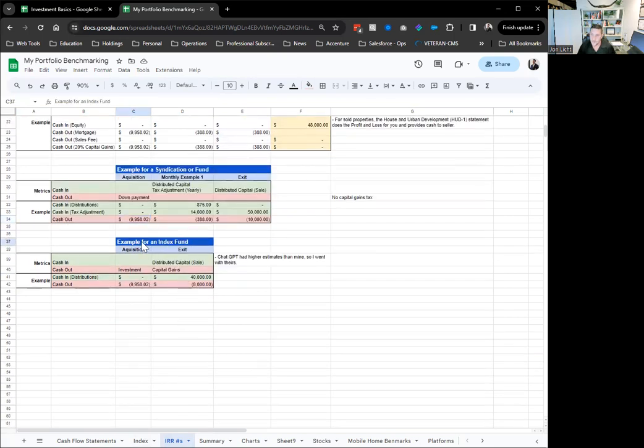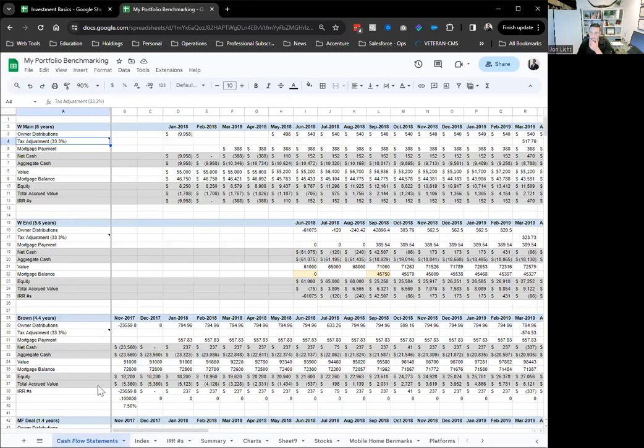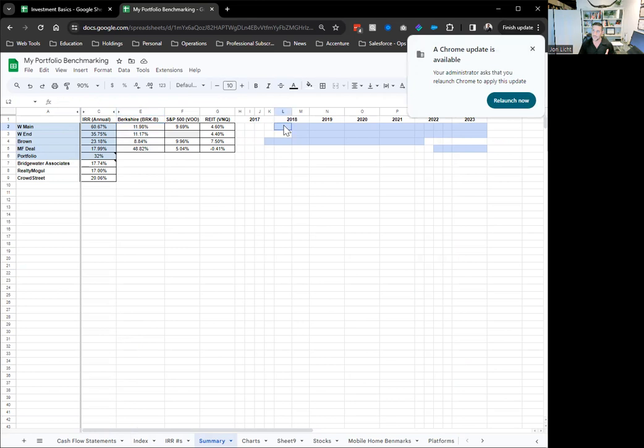Then the way I'm comparing this against index funds, if you come over here, is actually pretty simple to calculate. I'm using ChatGPT for this, so it's really easy. I go to Yahoo Finance and download whatever time period I'm interested in. For Berkshire, I did January 2018 to today.